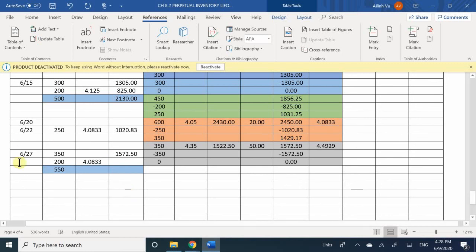So how much in total did we sell for just those 200 items? It's going to be $816.